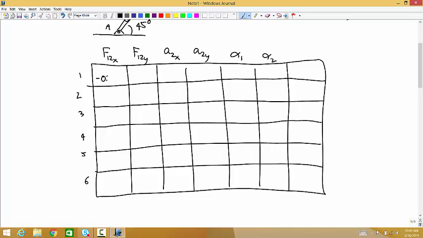We get negative 0.3535 for f12x. Positive 0.3535 for f12y. For alpha 1, we get negative 0.4167. And for the constant, we get negative 91.33, threes forever.